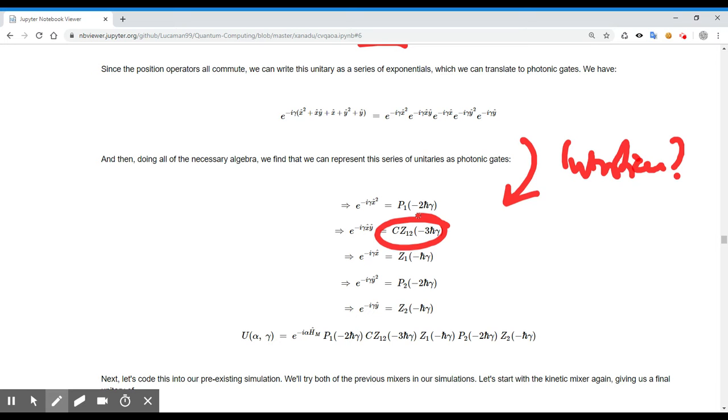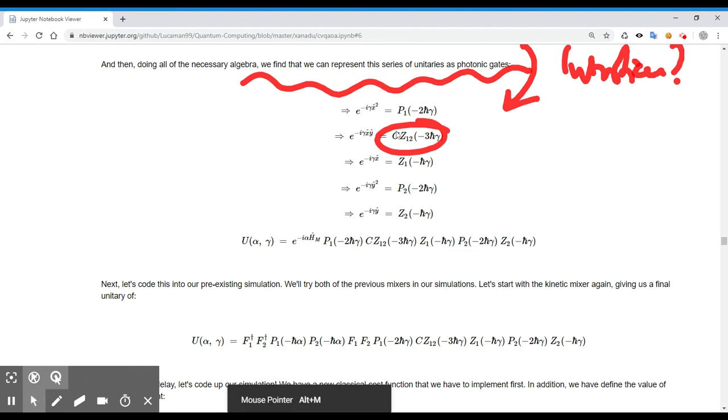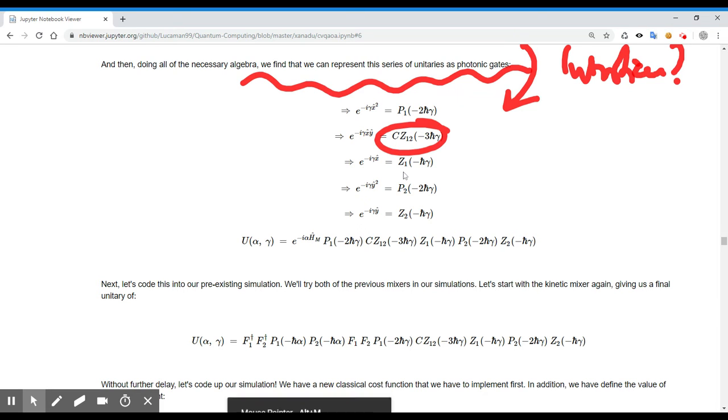It intuitively makes sense because you've got to be relating them somehow. And then doing all the necessary algebra: P gate, control Z, Z, P, Z, and then the mixer. So that's the mixer.